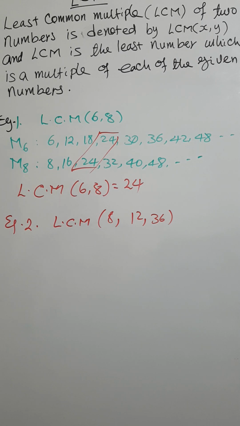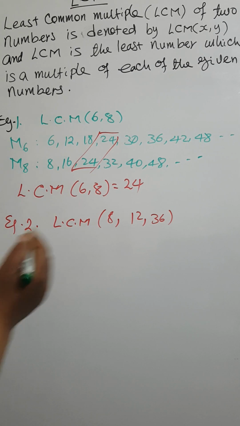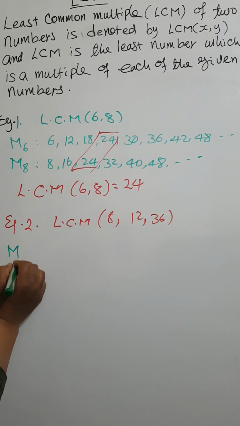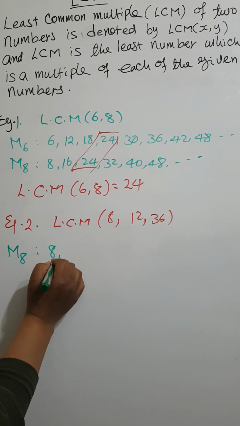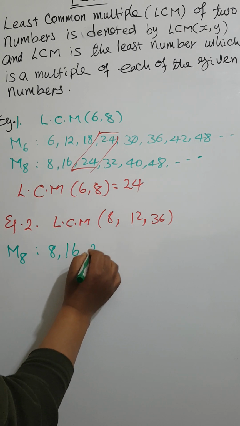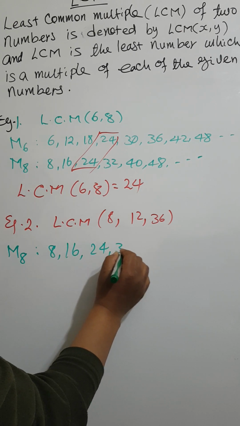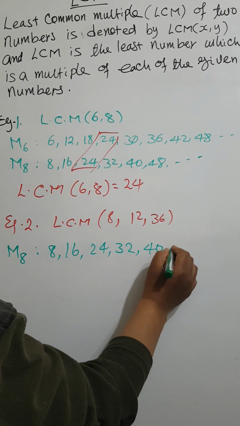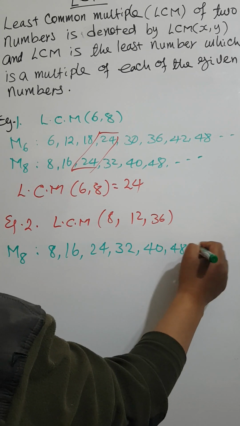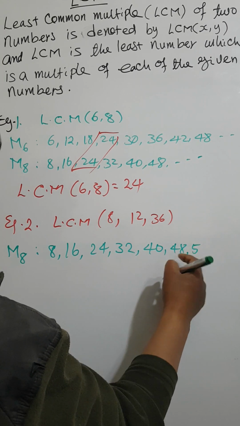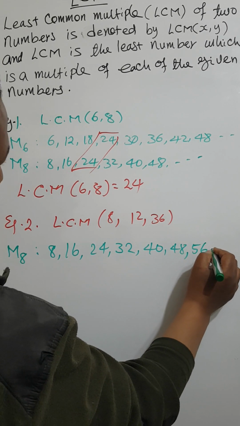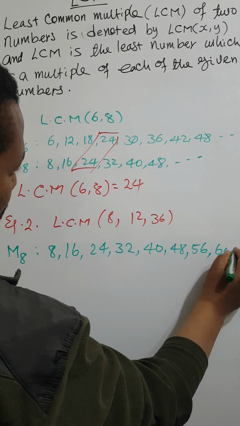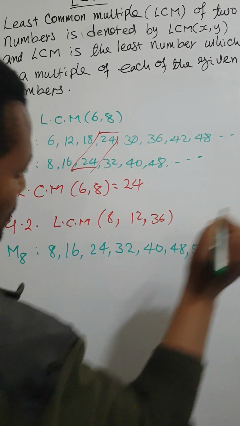Let's see that. Multiples of 8 include 8, 16, 24, 32, 40, 48, 56, 64, 72, and it goes on.